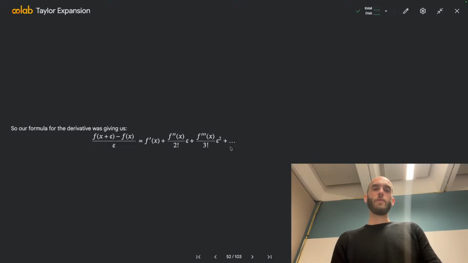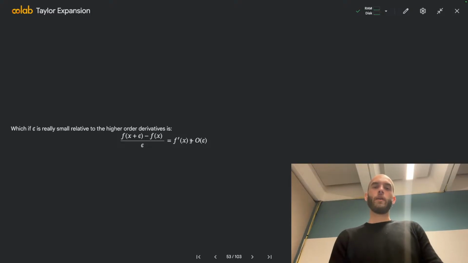So these are all going to be pretty close to 0, so we're going to call them big O of epsilon. This is just like big O notation if you've seen it. It's not 0, but it's very close to 0.